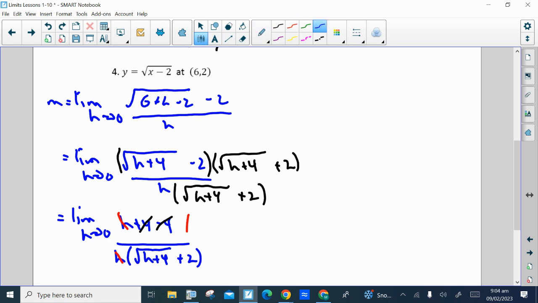So now we can evaluate this limit. The limit as h approaches 0 of 1 over the root of h plus 4 plus 2. When h equals 0, under the radical you have 0 plus 4. The root of 4 is 2, plus the other 2 on the bottom gives us our slope of 1/4.